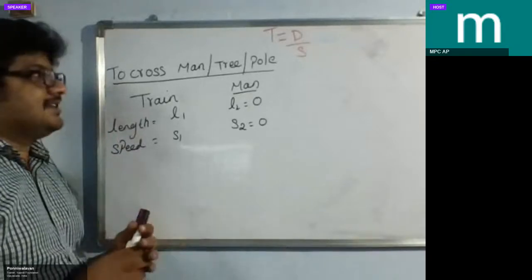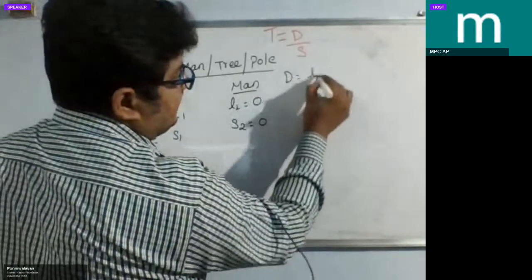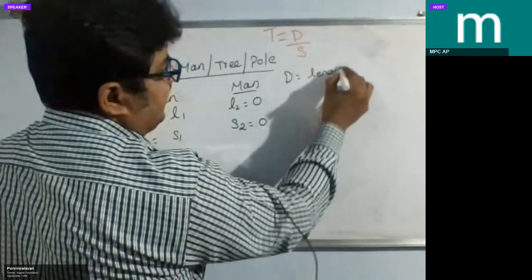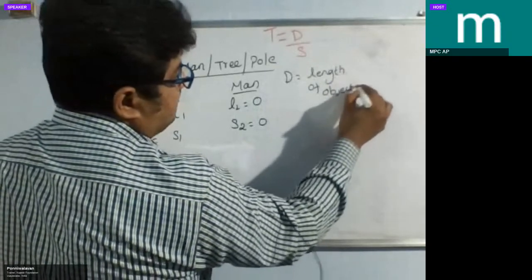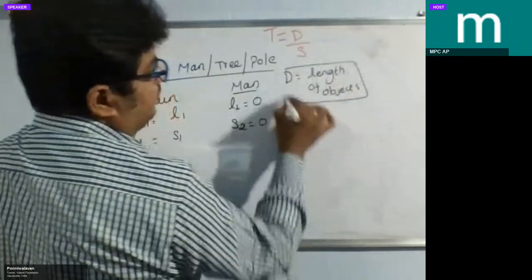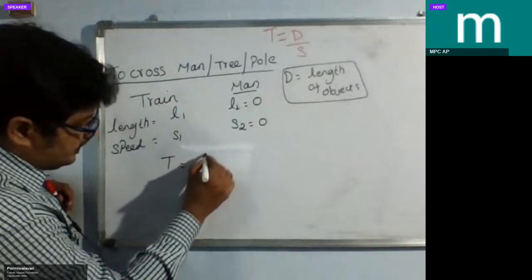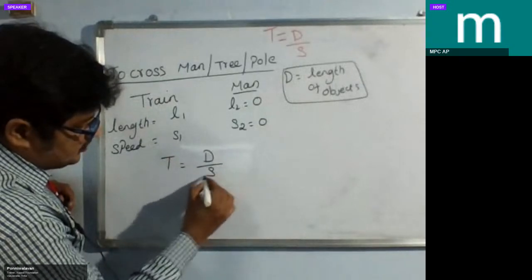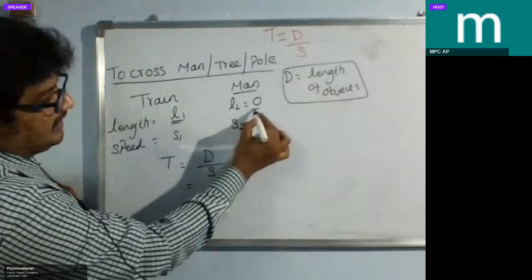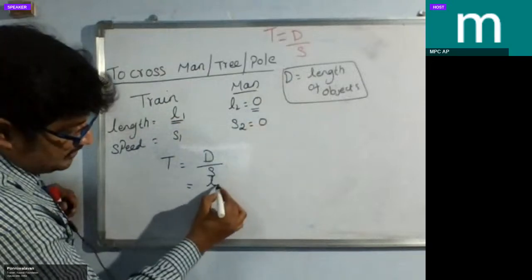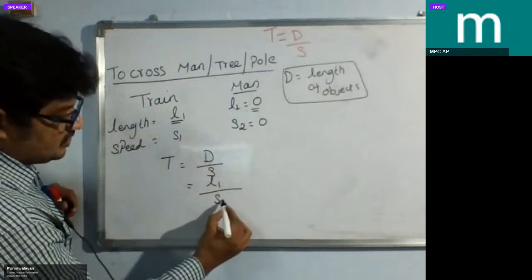Okay, yes, listen. Only one thing here: distance is the length of the objects. Time is equal to distance by speed. So what are all the distances? Here it is L1, here it is 0, so L1 plus 0 is L1, and the speed is S1.